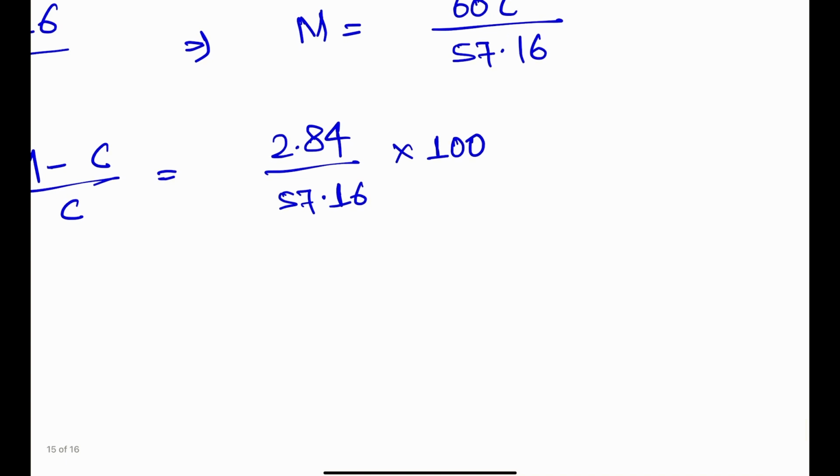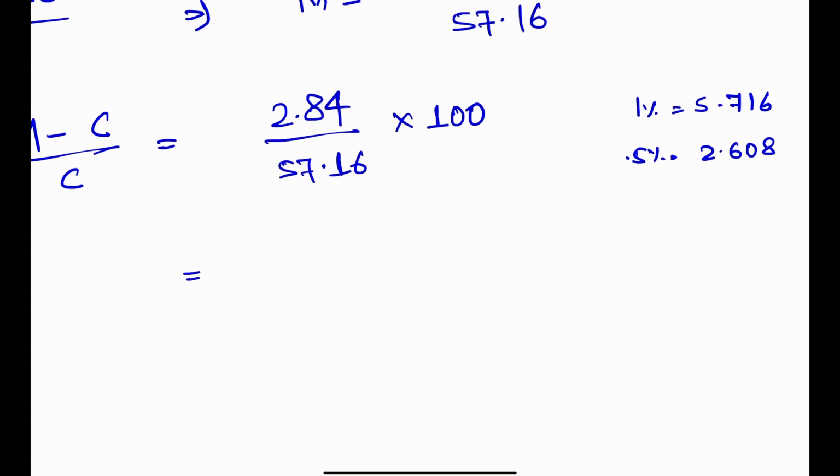Okay, 1% is 5.716. 0.5 percentage will be 2.858. So how much is left if 2.858, or let's take 61 also, then how much is left? 0.23, so that is approximately 1.